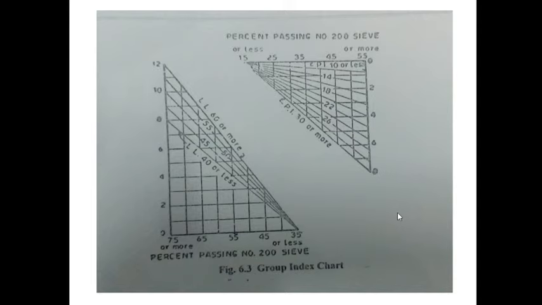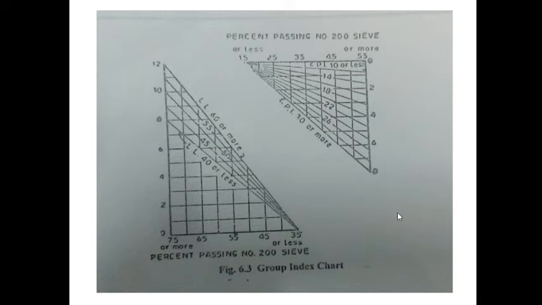So we have to choose the liquid limit 40% graph and the percentage passing the 200 sieve, or 75 micron, is 50. Corresponding to 50 and liquid limit 40, we may get the group index value as 3. In the first graph, the group index value is 3.